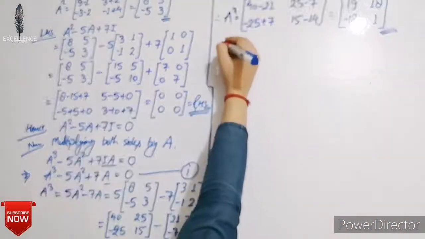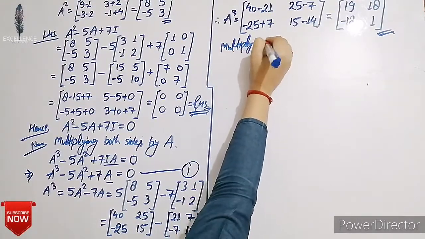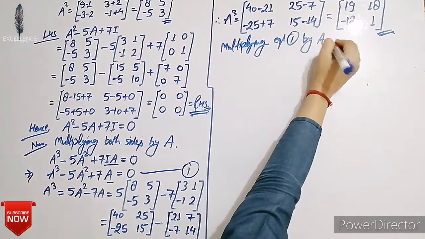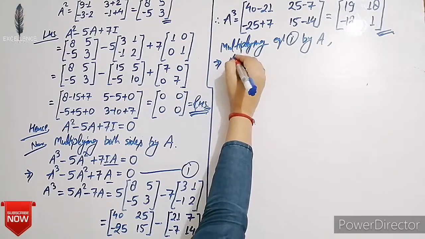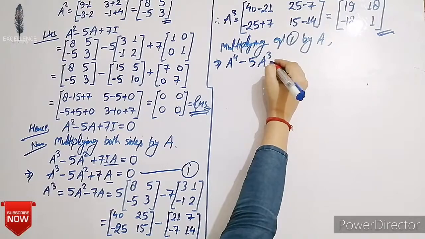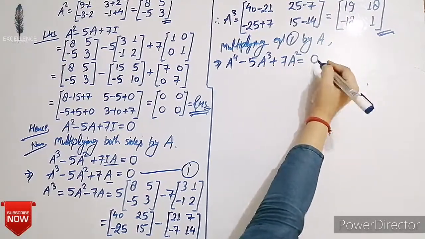Now let it be equation 1, and multiplying equation 1 by A, then we get A raised to 4 minus 5A cube plus 7A square is equal to 0.